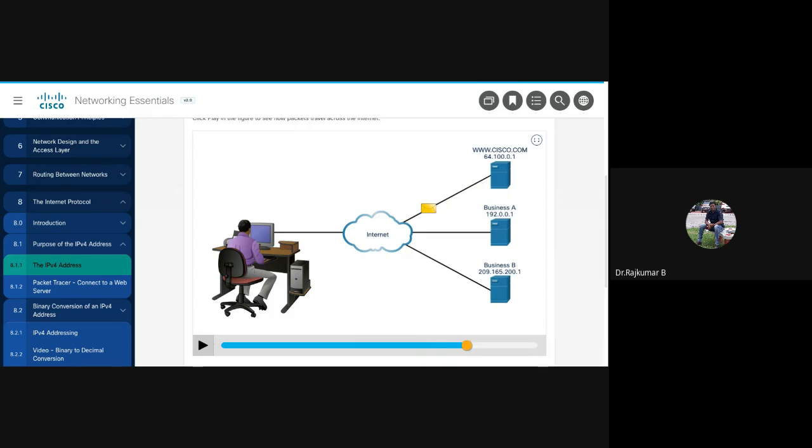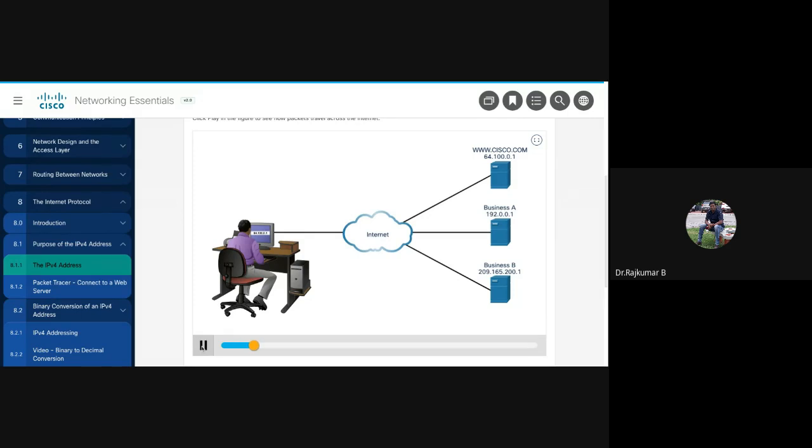On the server side, the transport layer for this message will generate the acknowledgement, and that acknowledgement comes back via the internet to the source itself. Clear? Whatever request is sent, the response from cisco.com comes based on that.